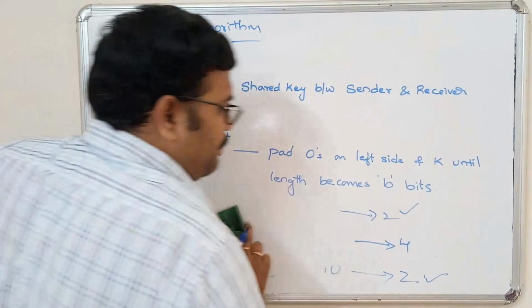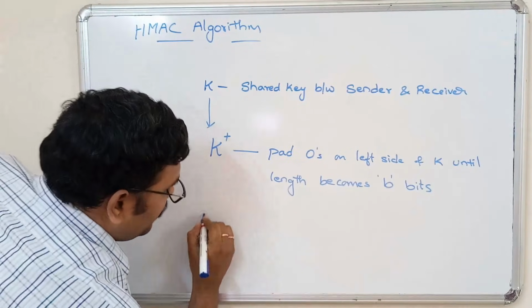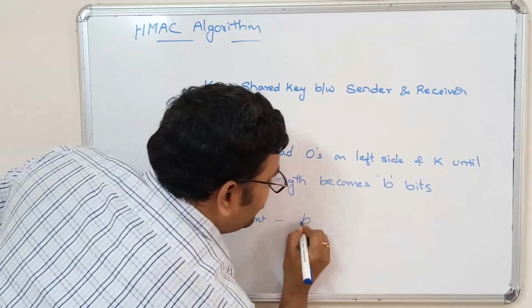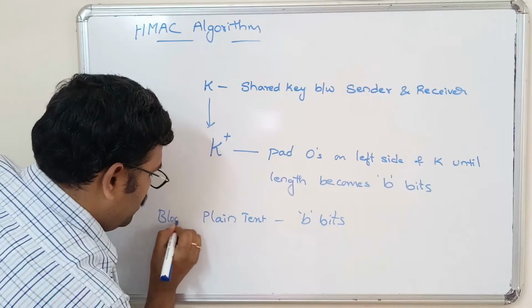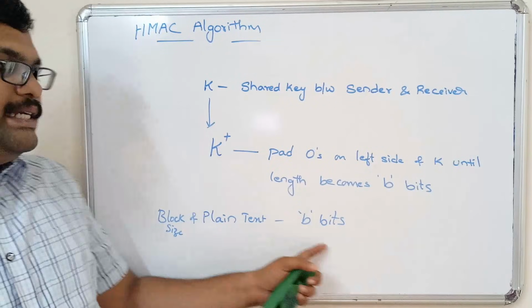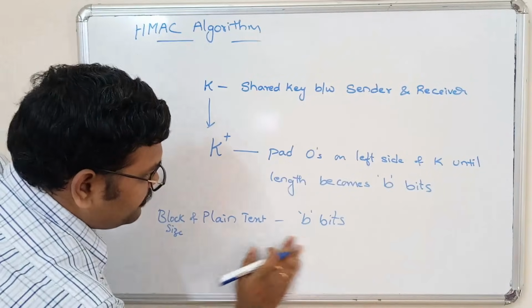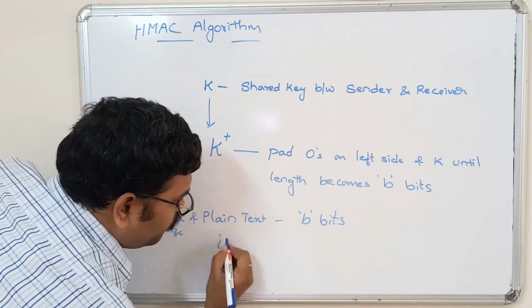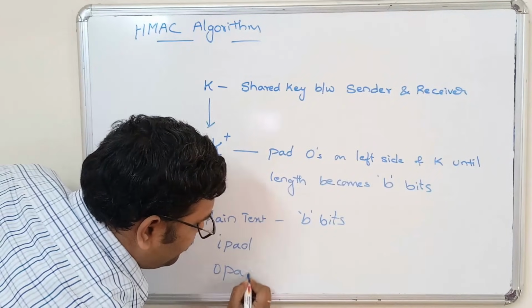Why B bits? Because the plain text is also processed in blocks, and the block size of the plain text is B bits. We will use two paddings, IPAD and OPAD.